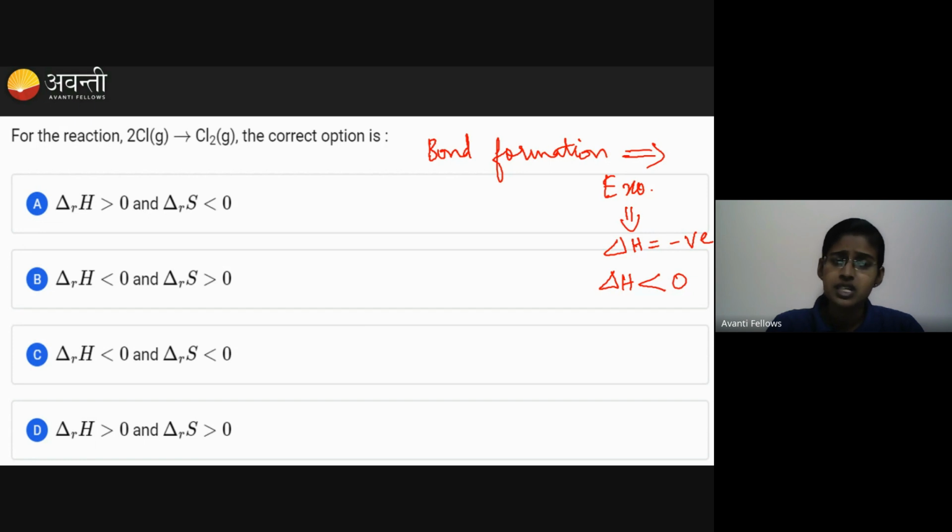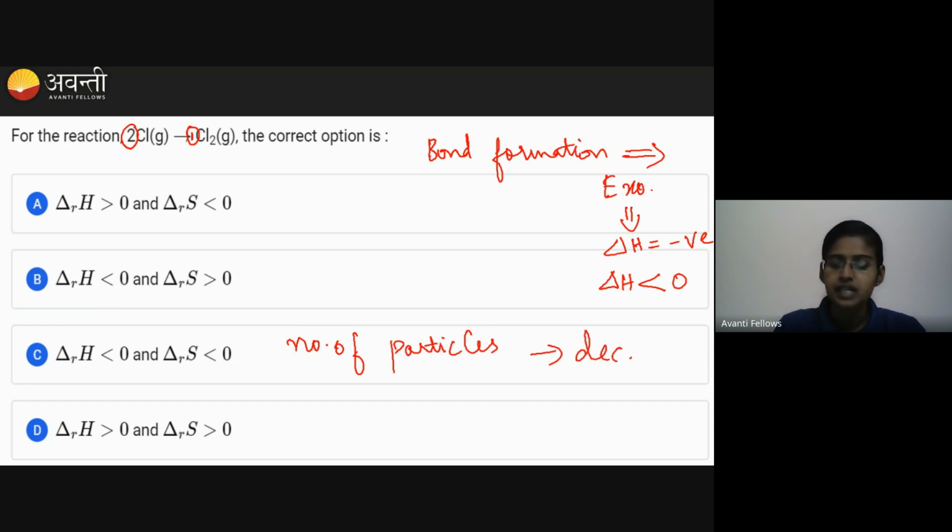Then if you see here, two particles are getting converted to one. Two atoms are getting converted to one molecule. So the number of particles is decreasing.